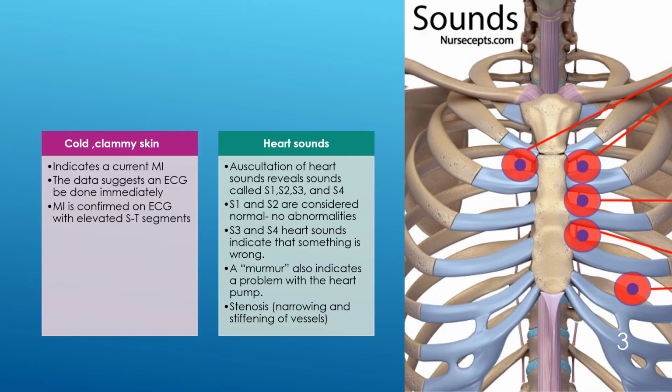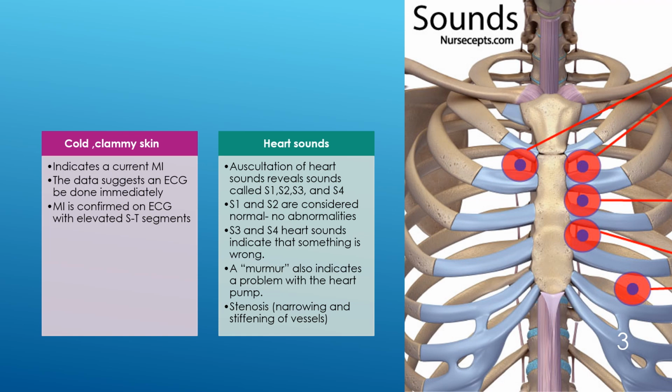So let's talk about heart sounds. You have your S1, your S2s, your S3s, and you also have a murmur. Your S1 and your S2 are normal heart sounds, and it's basically talking about closure of the valves. So your mitral valve and your tricuspid valve are your S1 and S2.